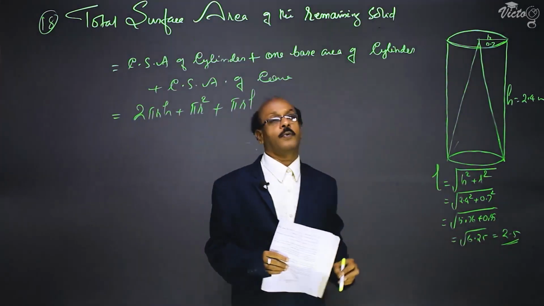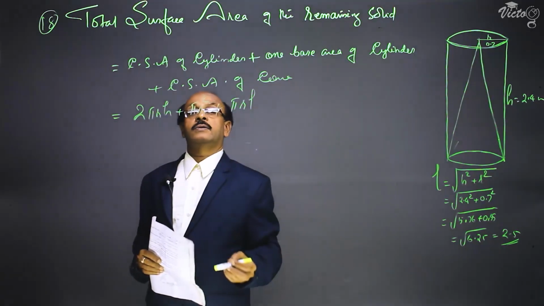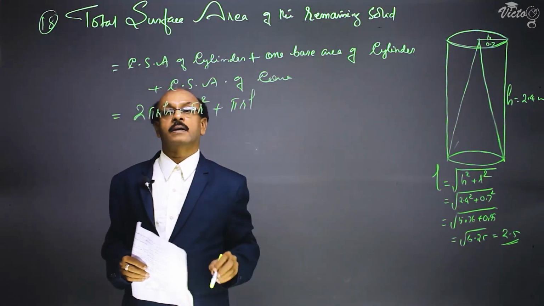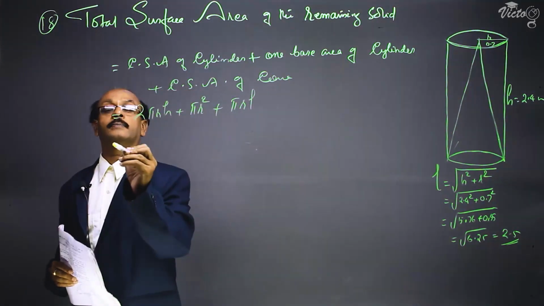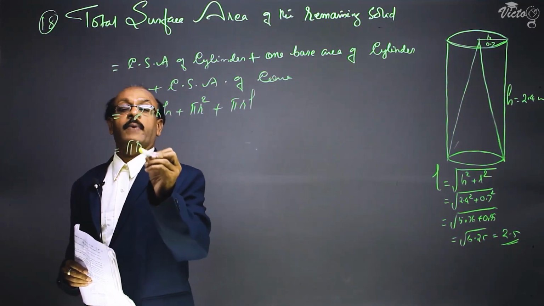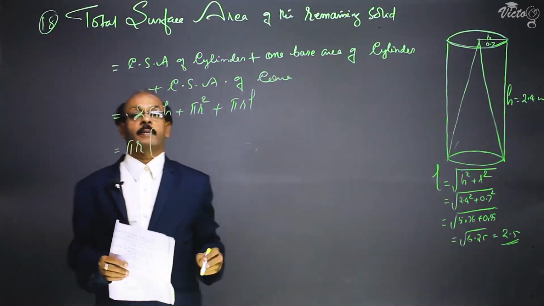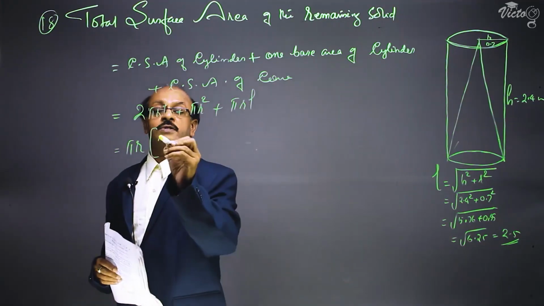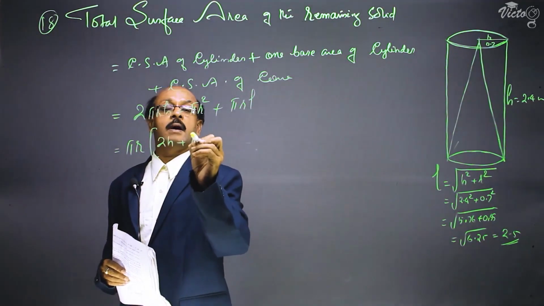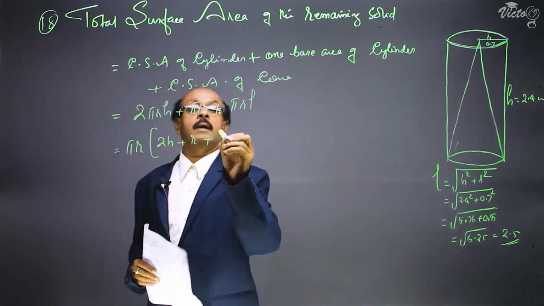L is equal to 2.5. Now we can give the values. Before that we can take pi r as a common factor, the remaining quantities are 2h plus r plus L.